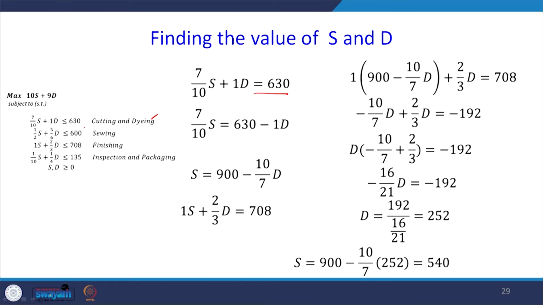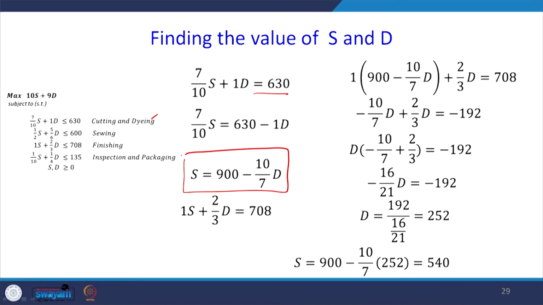Even though it is less than or equal to, because I want to know the values of S and D, I am taking the equal sign only, otherwise I cannot solve it. So, 7/10 S equals 630 minus 1 D. From this, if you find the S value, S is 900 minus 10/7 D. This is our value of S.